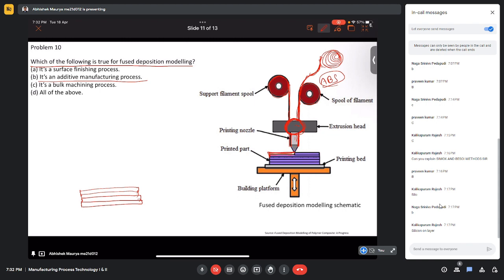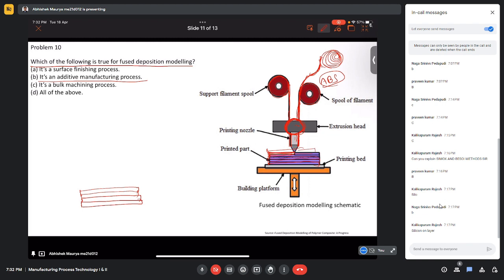If you see here, it is a very simple shape where this is the first layer, over which we have the second layer, third layer, fourth layer. Likewise, material is getting deposited.